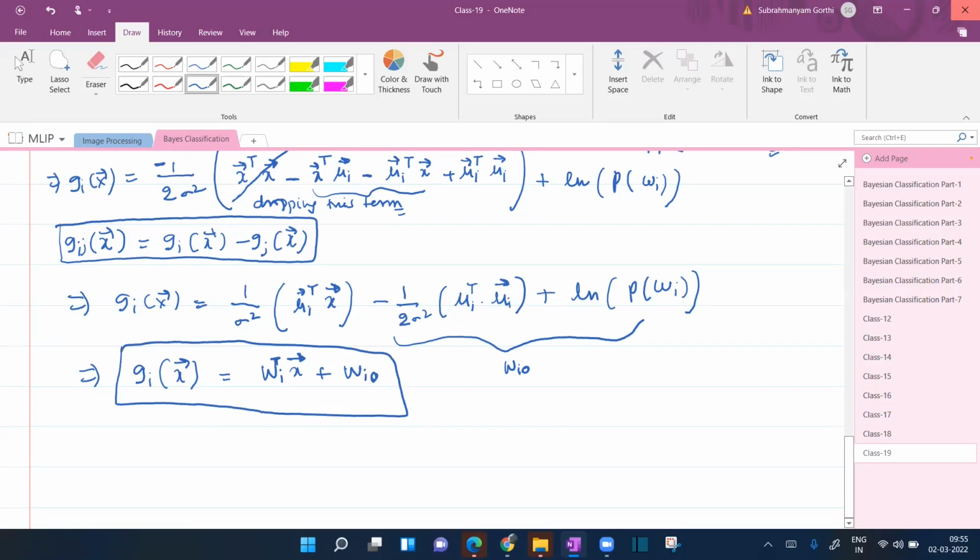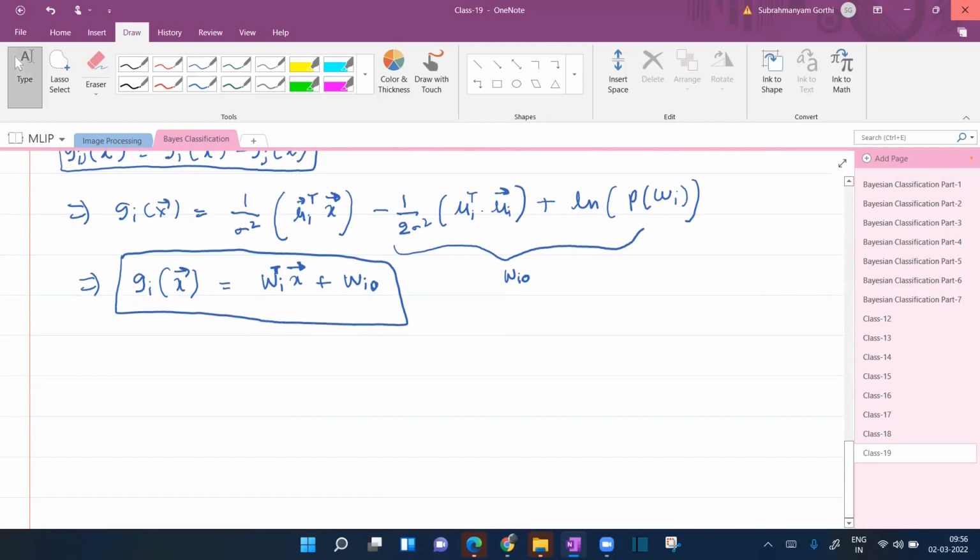This is all I already explained without writing a single equation. Gi of x bar is like the ax plus b form. Do you see that now? You are applying a transformation on x bar through wi transpose. Why did I keep wi there? Because that's varying with respect to i. For another class, this would be different. So I made it wi transpose x bar. So what is the conclusion I could draw here?